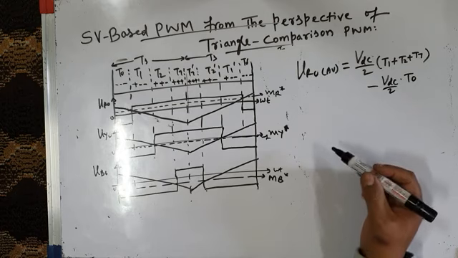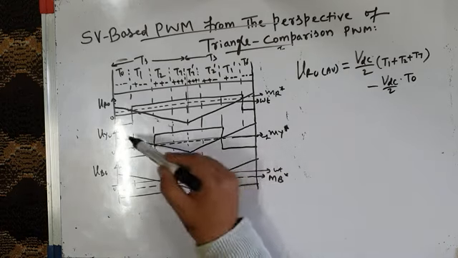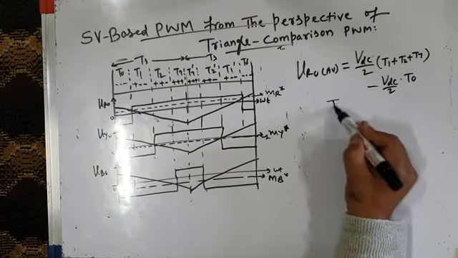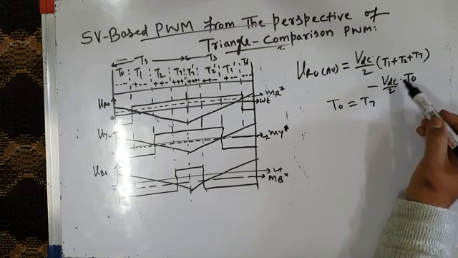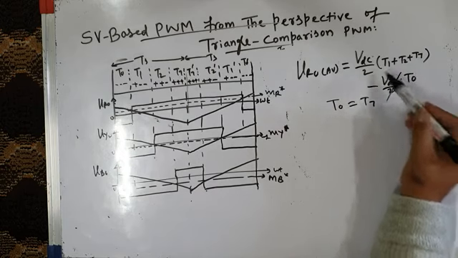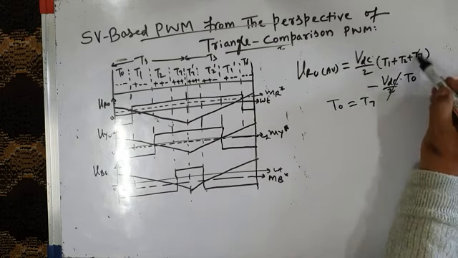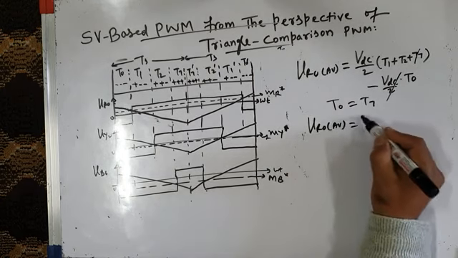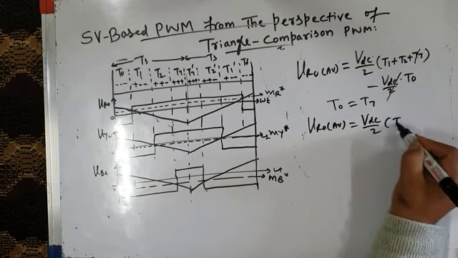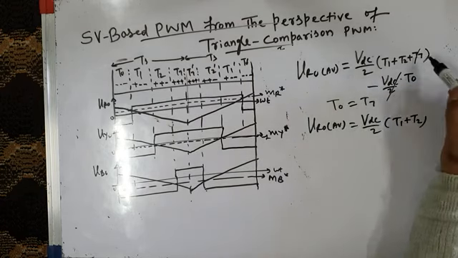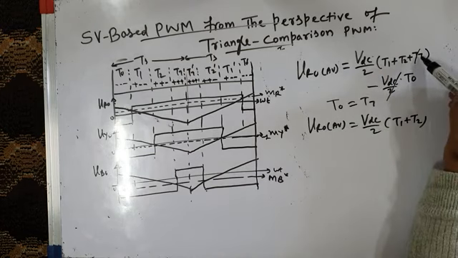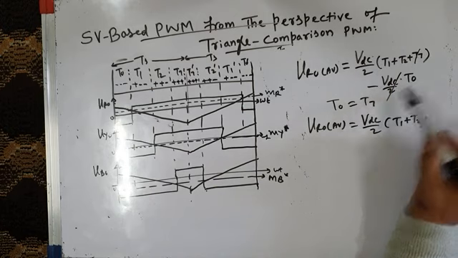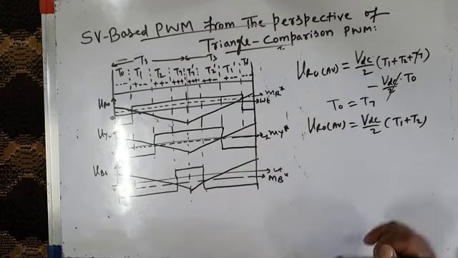Now since this triangle comparison based PWM is exactly equivalent to the space vector approach, T0 is exactly equal to T7. So this minus VDC by 2 into T0 will cancel with plus VDC by 2 into T7. So your average pole voltage VRO average will then be equal to VDC by 2 times T1 plus T2 only, because if T0 is equal to T7, they cancel out.